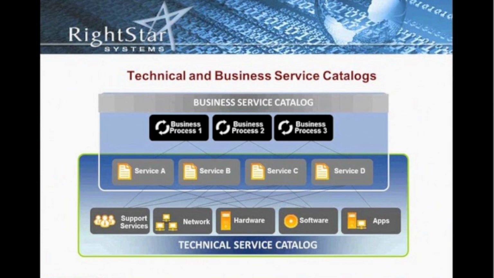And I'll say when we're having conversations about developing the service catalog and listing out those services with customers, usually the first ones that come to customers' minds are those technical services. And we often lose sight of the actual business services that we're offering to our customers, such as a point of sale system. So with that being said, you really have to identify and list your services, but clearly identify which services are technical and which services are business.